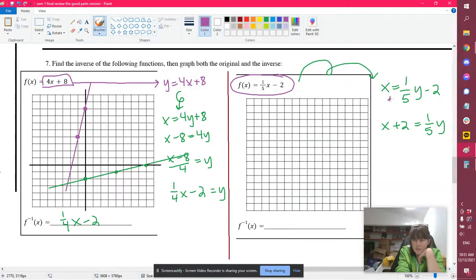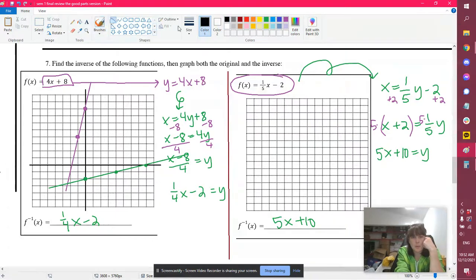So here I added 2 and added 2. Here I'm going to multiply by 5 and multiply by 5. When I multiply by 5 on a side that has 2 parts, I'm going to put parentheses so I remember to actually do it all. This is going to be 5x plus 10 equals y.